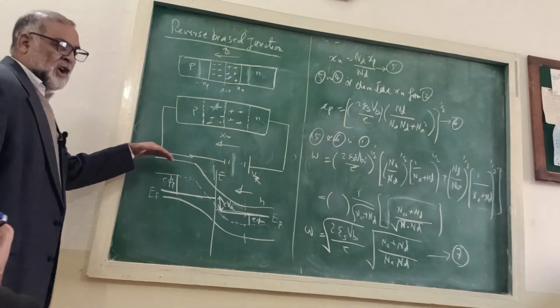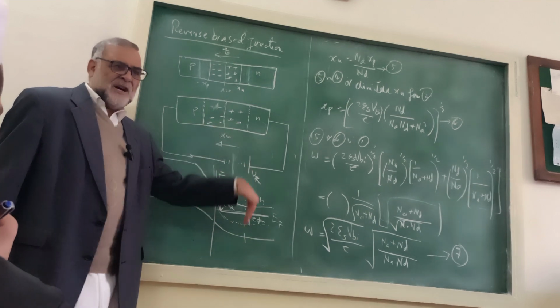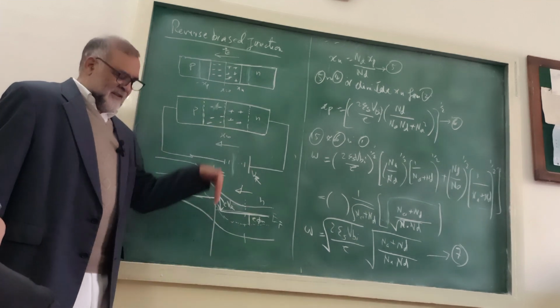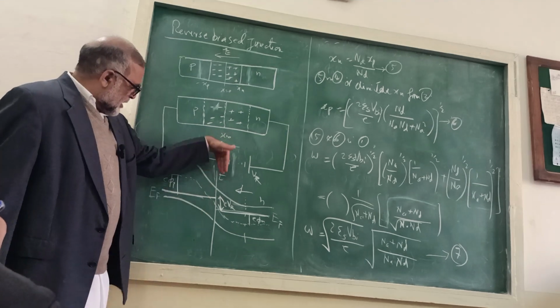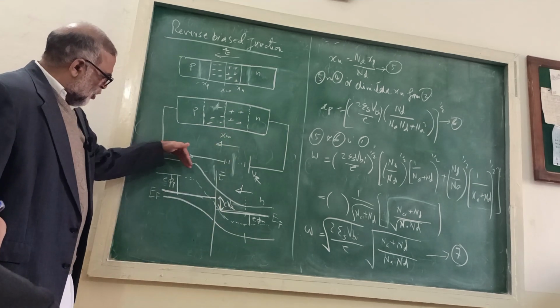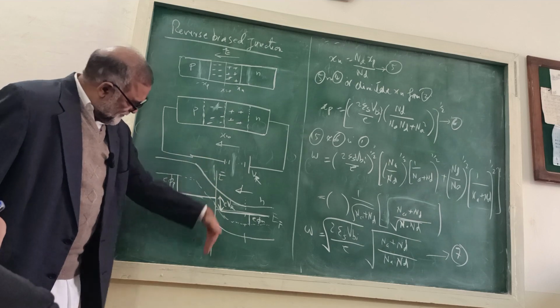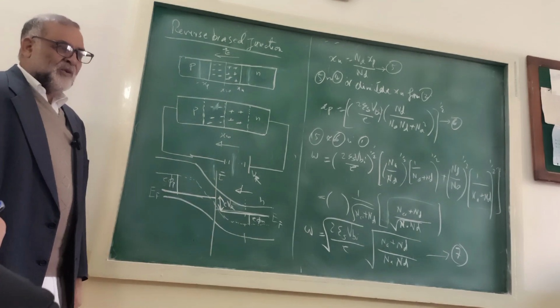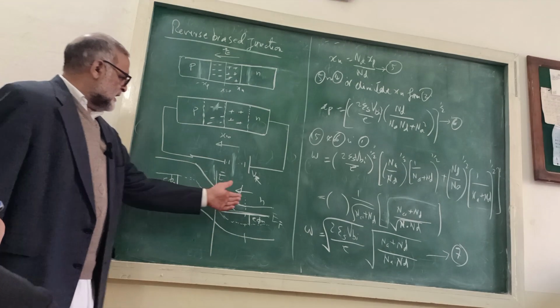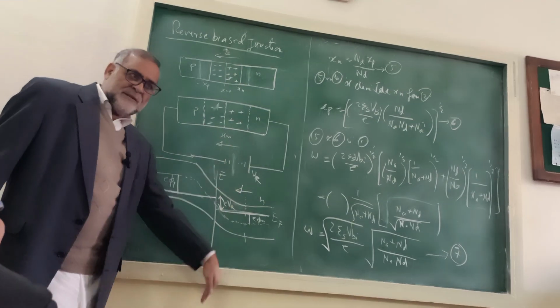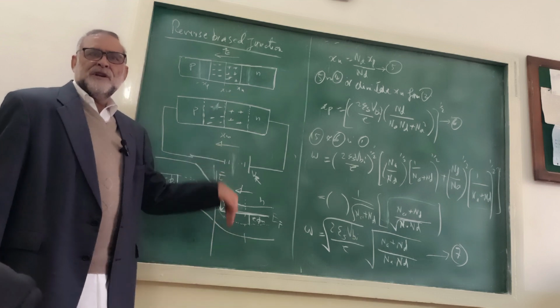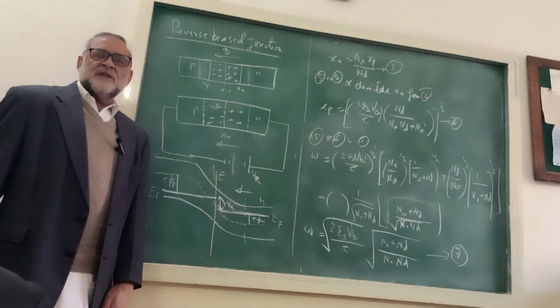Right? Similarly, the hole energy increases on the downward axis. So for a hole, it is difficult to move downward. For an electron, it's difficult to move upward. For a hole, it's difficult to move downward because hole energy increases toward the bottom.